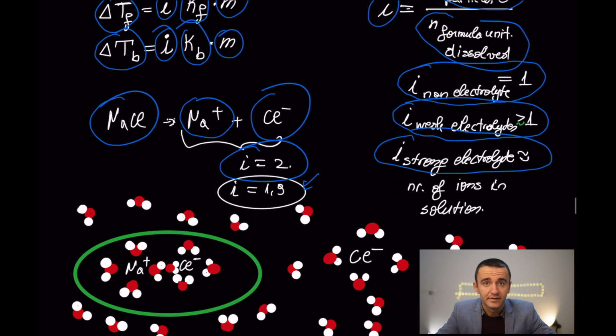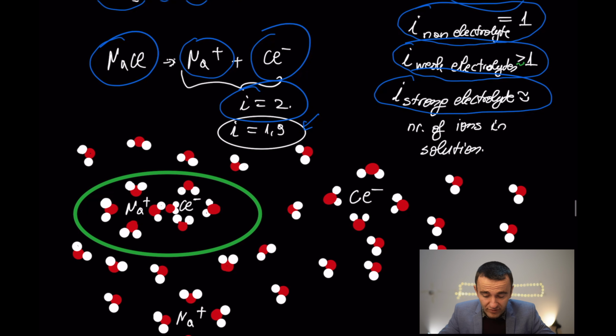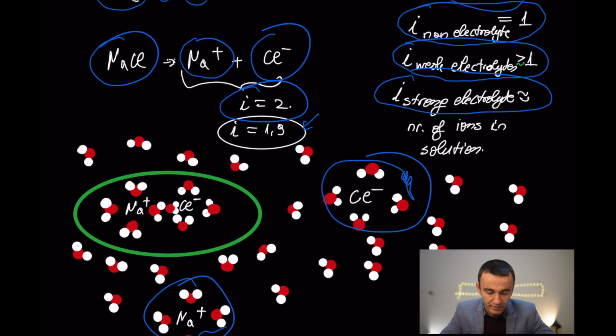The reason the Van't Hoff factor does not exactly match the expected value is that some ions effectively pair in the solution. This scheme demonstrates that normally the sodium and chloride ions are hydrated in the solution, but with some probability they are closer to each other, so they pair. That's why the Van't Hoff factor is slightly lower.